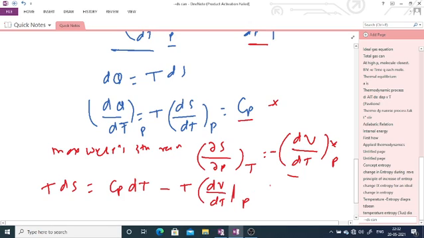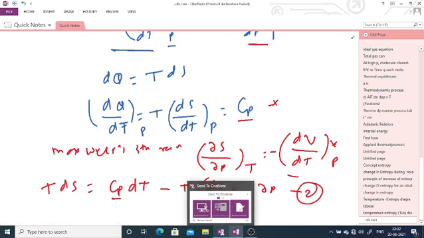There is a minus sign, so use the minus sign. Now this is your second TdS equation. It should be observed that the first term is at constant pressure, and the second is also at constant pressure. The first TdS equation is related to constant volume and the second TdS equation is related to constant pressure. So this is all about the second TdS equation.